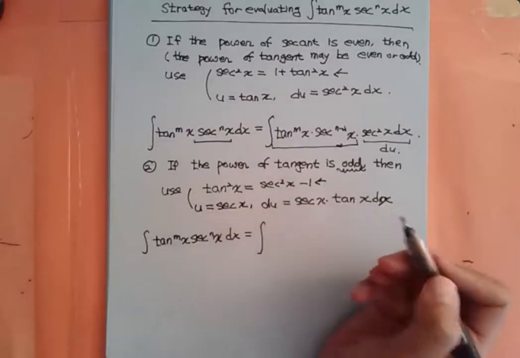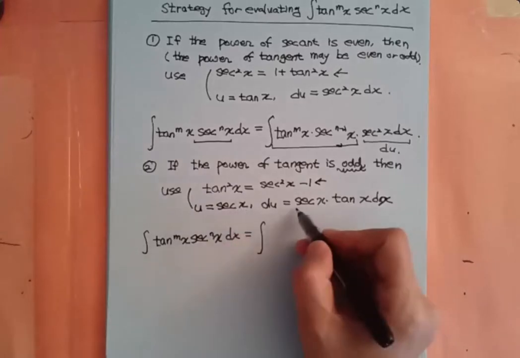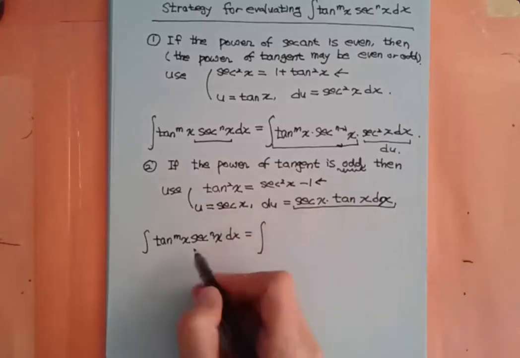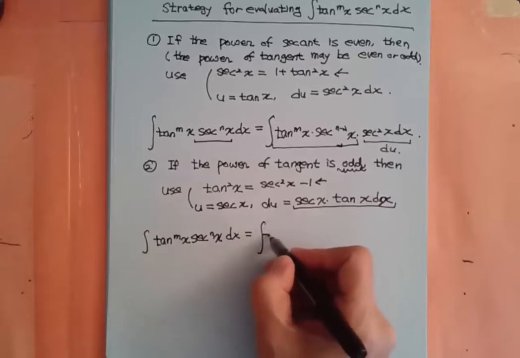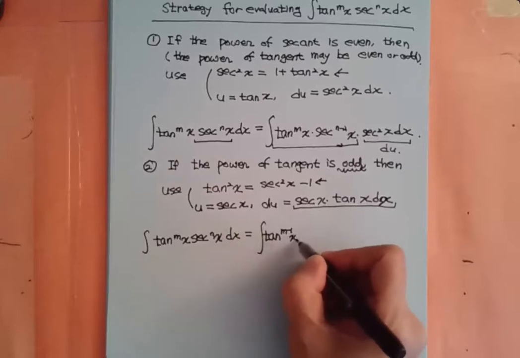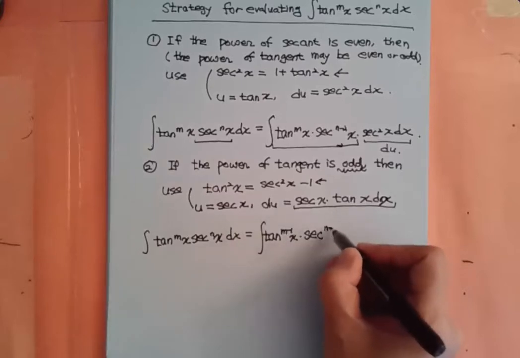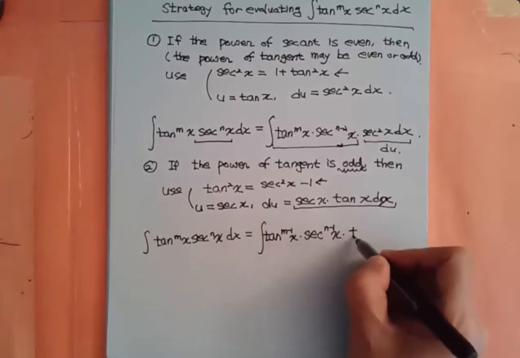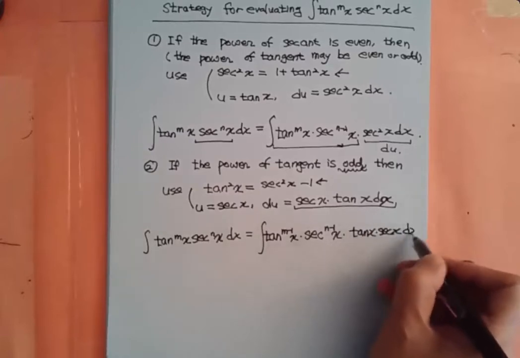So we will split that into two terms, and secant will be split into two parts again. So tangent to the m-1 power x times secant n-1 power x times tangent of x secant of x dx.